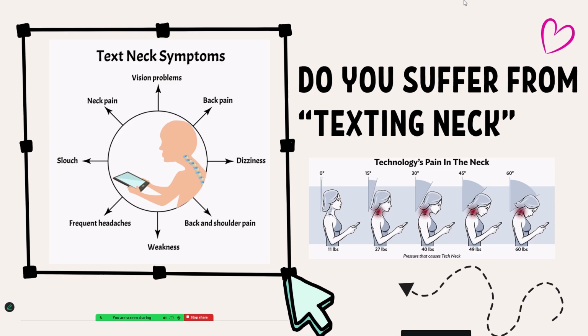It really makes us think, wow, why am I getting all these headaches? Why am I getting a little bit dizzy? Why is it getting harder to do things? It could be something as simple as text neck, which then just wrecks your posture. You get that slouch, and then you get real back and shoulder pain.